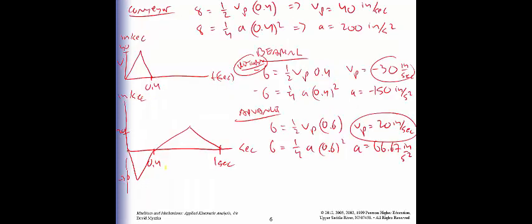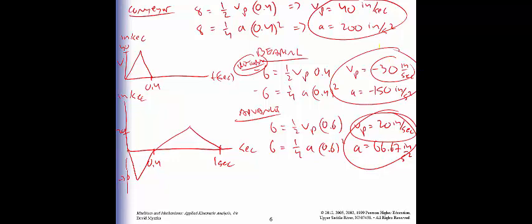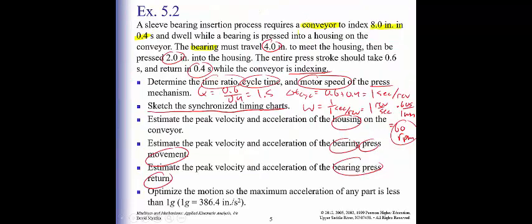We did all that already right here. So if we think about the conveyor, we found the 40 and the 200. For the advancing, which is that second part of the question, we have the 20 and the 66.67, and the return is a -30 and a -150.